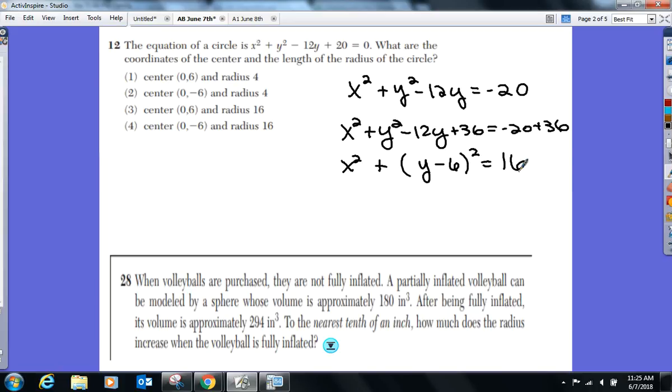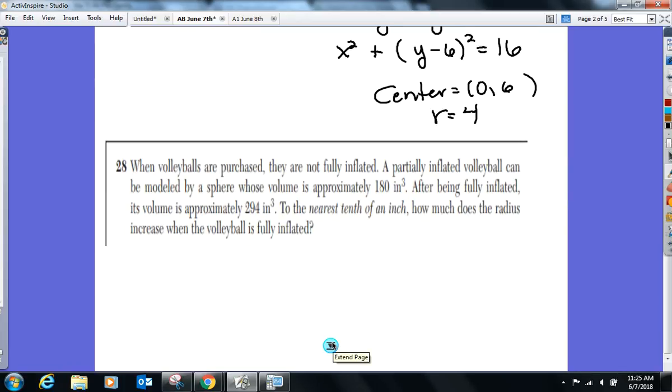Center then, we know it's going to be 0 something. 0, 6, change the sign, 0, 6. And then your radius, not 16, but 4, good. All right, just another one of those. 28. 28 now.